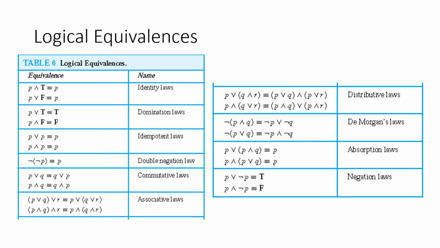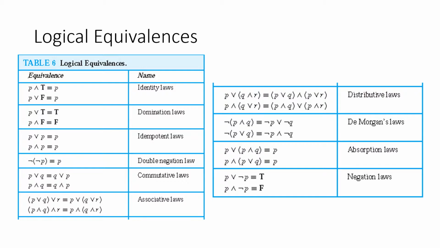Idempotent laws: P or P is equivalent to P, and P and P is again equivalent to P.